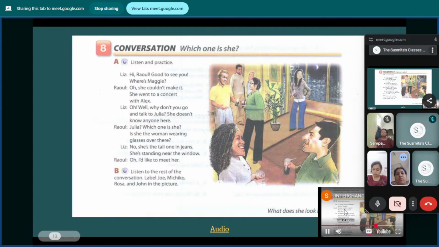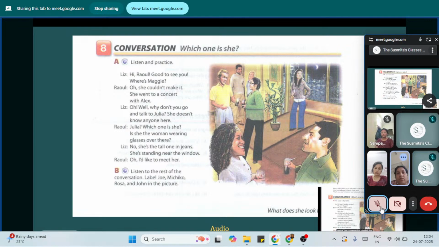Page 61, Exercise 8, Part B. Listen to the rest of the conversation. Label Joe, Michiko, Rosa, and John in the picture. Let's see, who else is here? Do you know Joe? He's really nice. No, I don't. Which one is he? He's over there. He's the one wearing white pants and... And a yellow polo shirt? That's right. And then there's Michiko Sasaki. She works with me at the office.